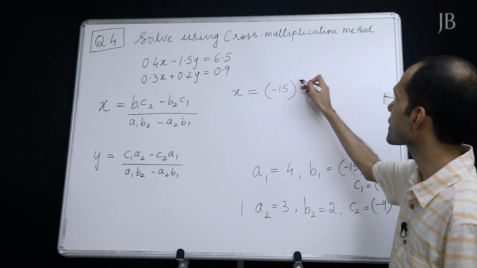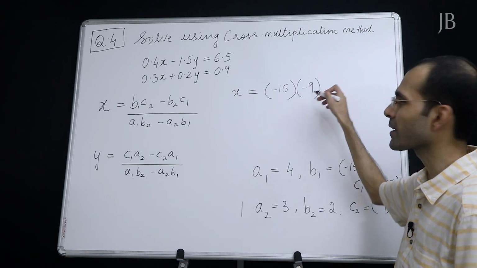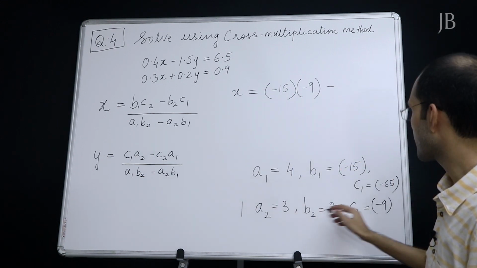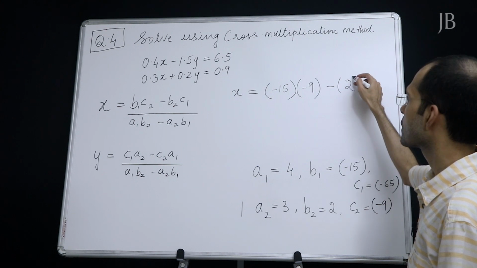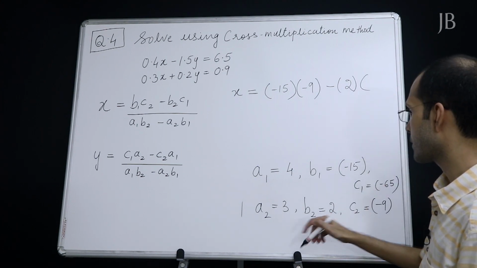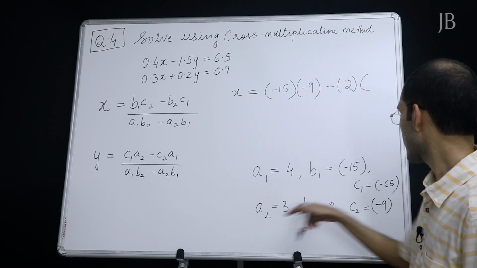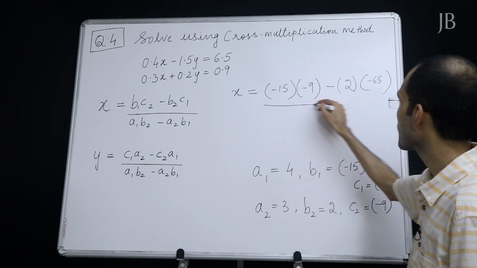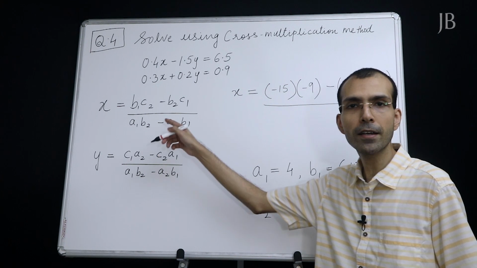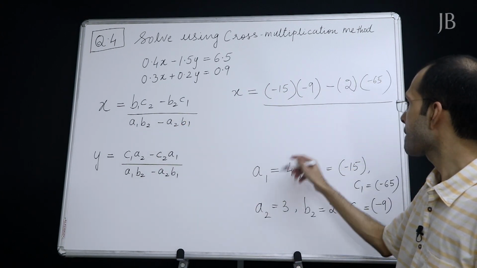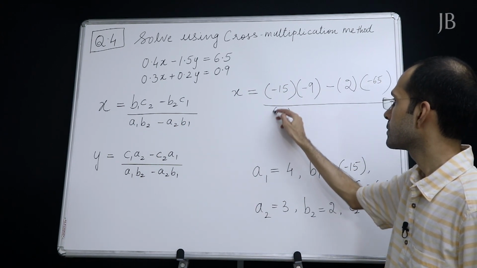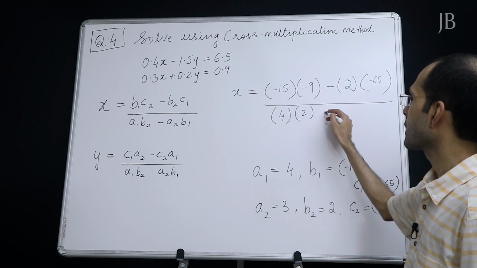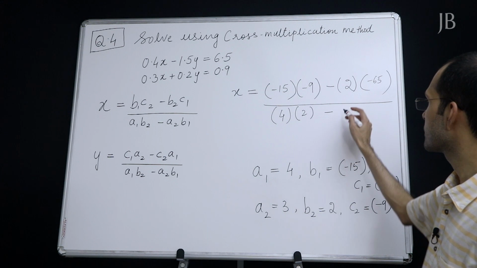c2 is minus 9. Now this amounts to only plugging in the values. Minus b2, b2 is 2, into c1. c1 is minus 65. Divided by a1 b2, minus a2 b1.